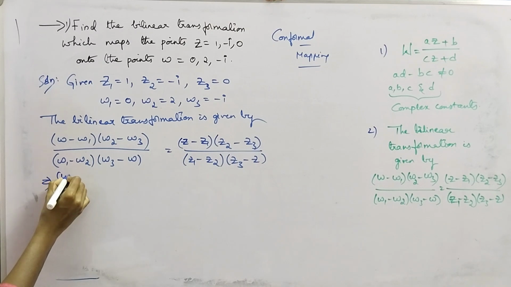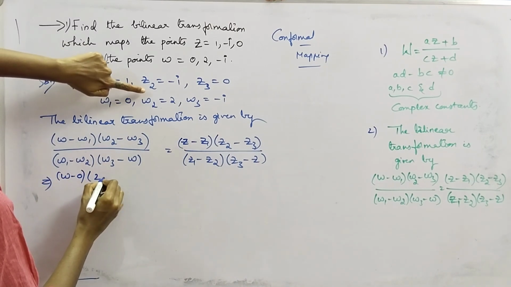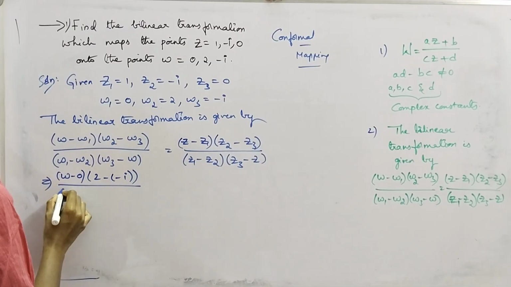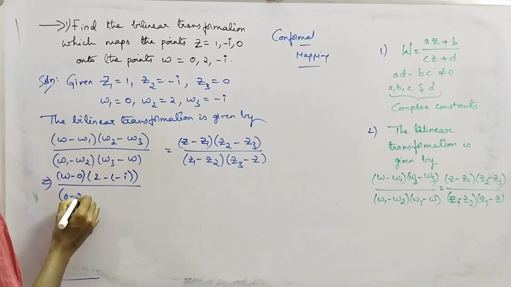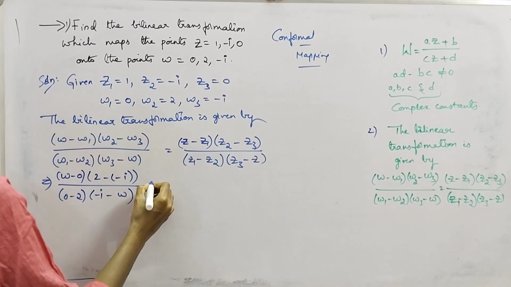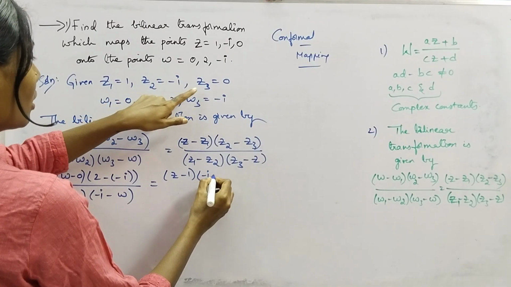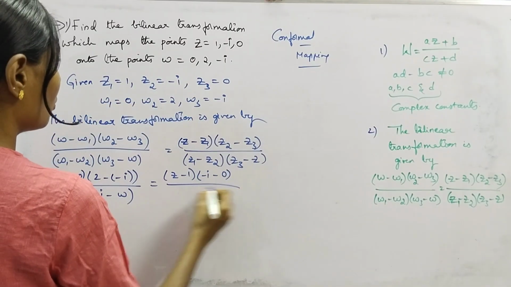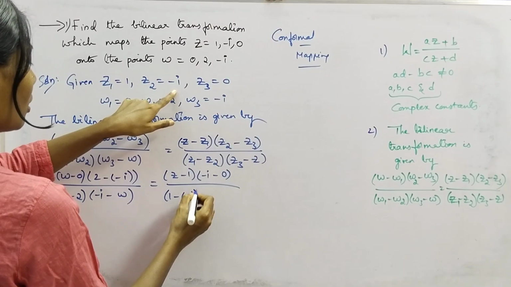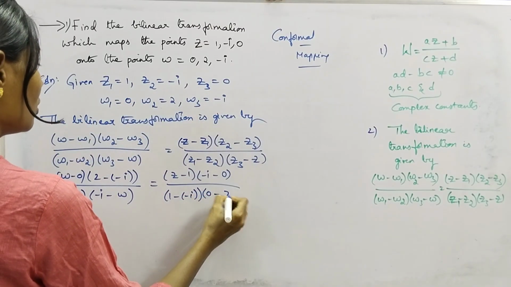We'll get (omega minus omega 1, which is 0)(omega 2, which is 2, minus omega 3, which is minus i) by (omega 1, 0, minus omega 2, 2)(omega 3, minus i, minus omega) equal to (z minus z1, 1)(z2, minus i, minus z3, 0) by (z1, 1, minus z2, minus i)(z3, 0, minus z).